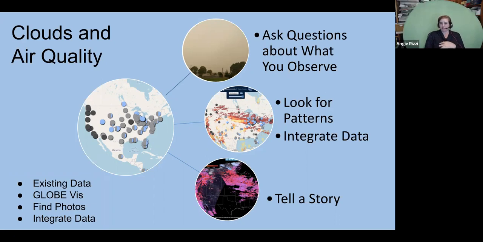You can look at pictures. You can lay on the AOD MODIS base map all in Viz. You can just integrate even more data like Aerosol Watch or AeroNet and tell a whole story. So next slide, please.